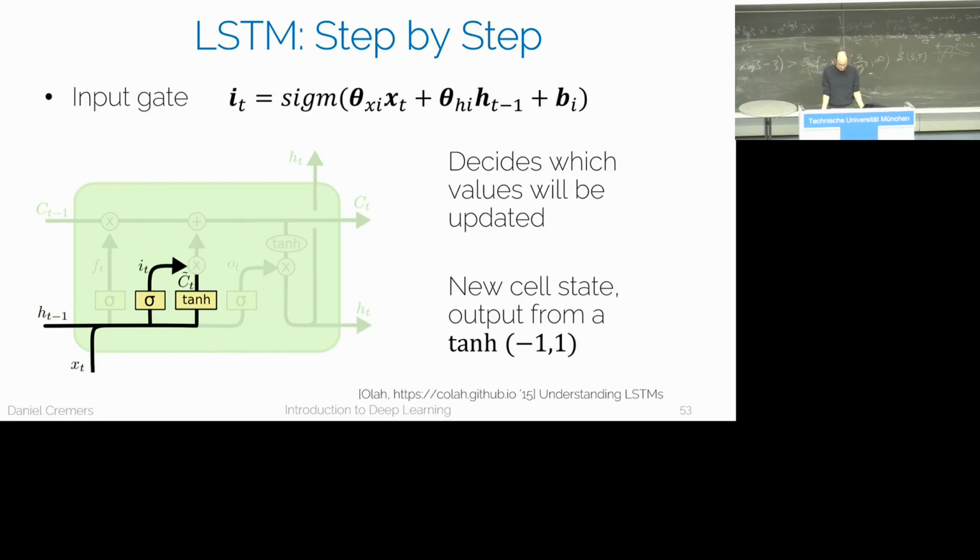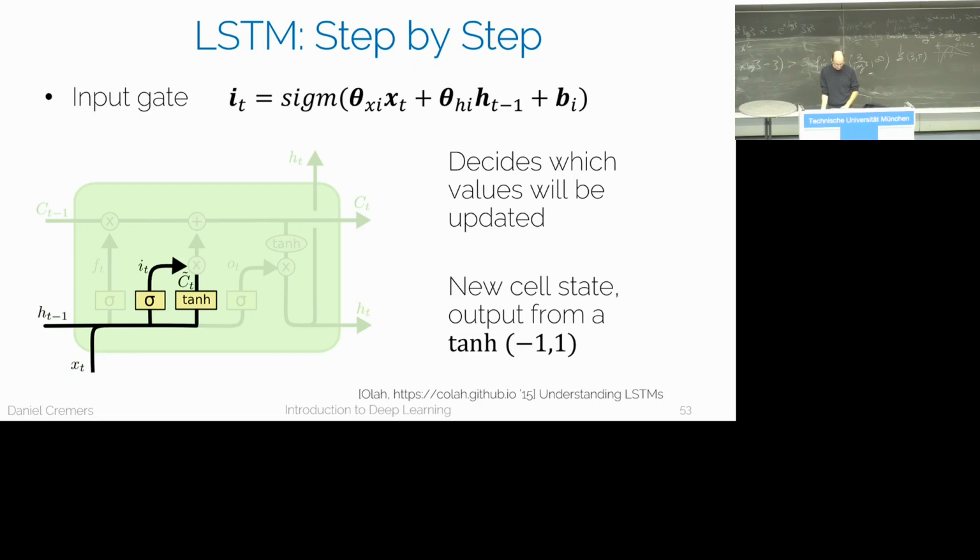And then there is a second gate that's called the input gate that allows to introduce new information to the information stream. So you see this is a cell that's somewhat engineered, designed to modulate information flow. I can kill the incoming information and I can add new information here in this gate. And how does that look? Well, it looks the same. It's a linear combination of the input and the previous state, but with different parameters, and of a bias.